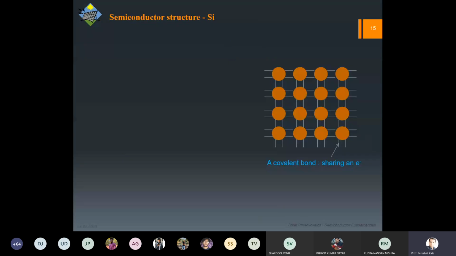Anyway, let us talk about silicon and, in general, semiconductor structure. In silicon, obviously, when the atoms are together, they are going to form a bond. And as I've said, as it is 2, 8, 4, you can neither lose nor gain electrons. So the only option that remains is sharing of the four electrons so that you can make the bond.